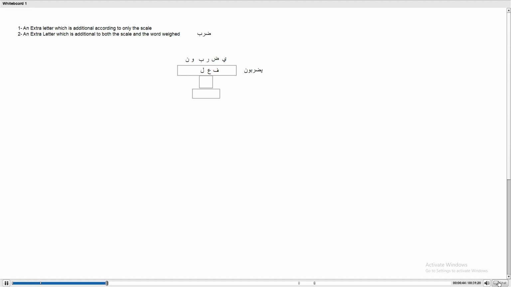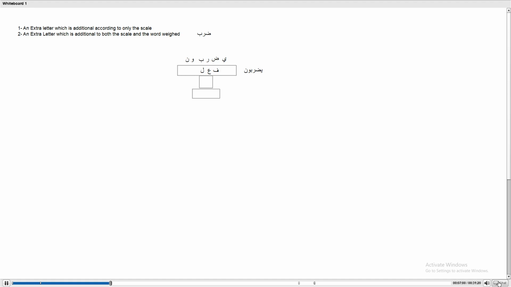Okay, now the ya is extra according to the scale, and it is also extra according to the word weight.